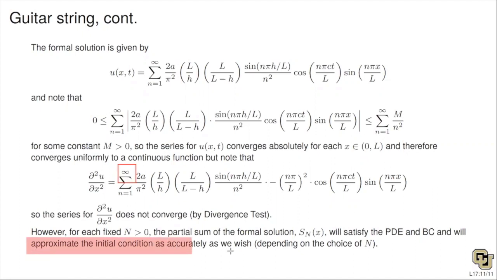It'll approximate the initial condition as accurately as we wish, because if you want a more accurate approximation, just make N larger. So at the end of the day, the convergence issues don't practically affect us because we're never going to use all infinitely many of the terms. Any finite collection of these functions we know satisfies the PDE and boundary conditions. The only issue is the initial condition. If you cut it off, you'll have something that approximates the initial condition, as accurately as you wish depending on how many terms you use.